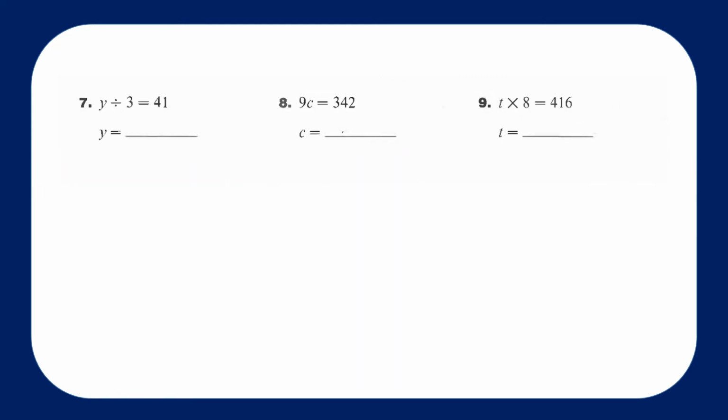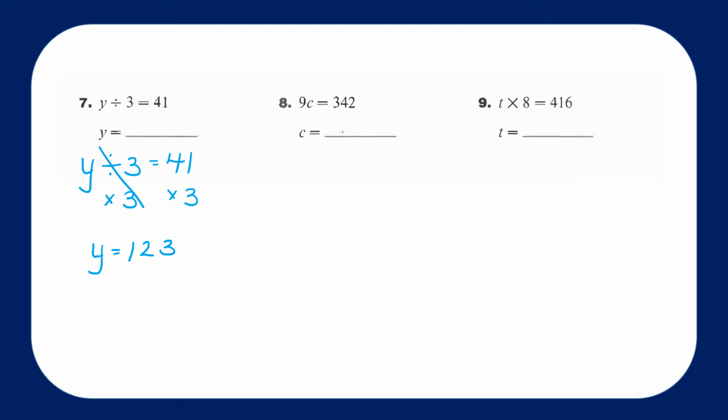Question number 7. We have Y divided by 3 equals 41. When they show division this way, I usually use a multiplication sign. Cancel each other out. Y equals 3 times 1 is 3. 3 times 4 is 12.